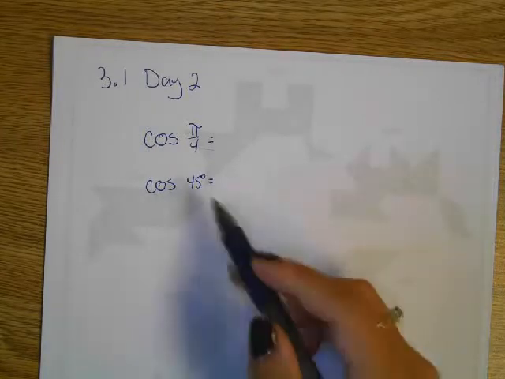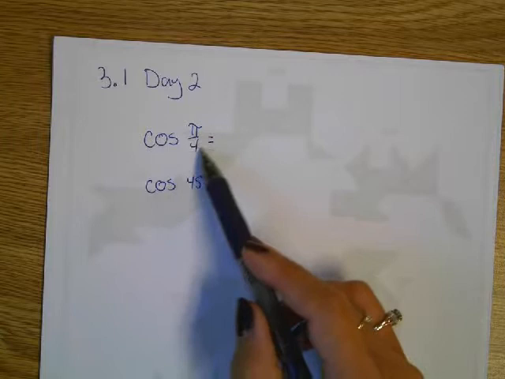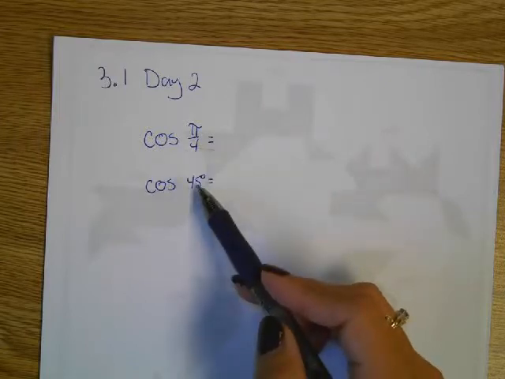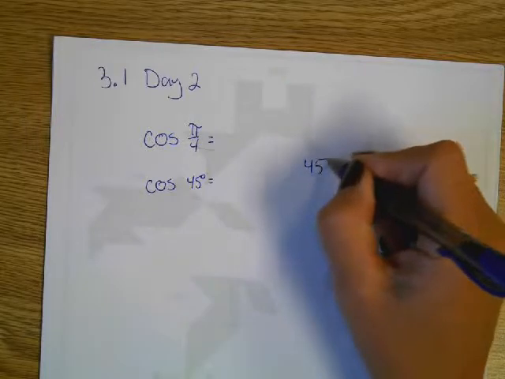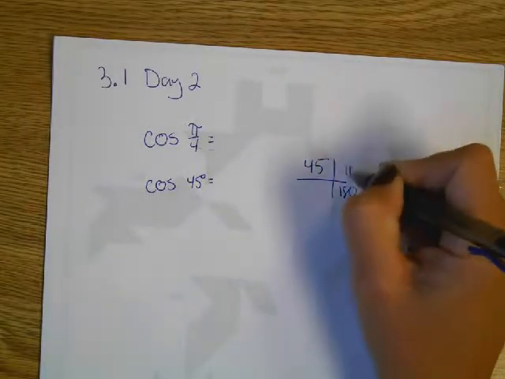Alright. These questions aren't any different. Because what is the degree measure for pi over 4? Not easy to do in your head. Maybe go 45 degrees. What's the radian for 45 degrees? 45 over 180, pi.